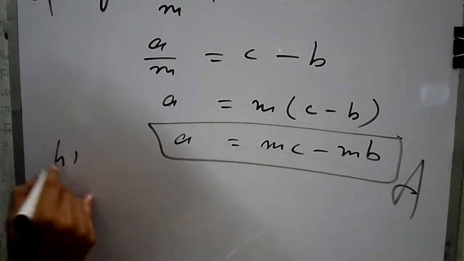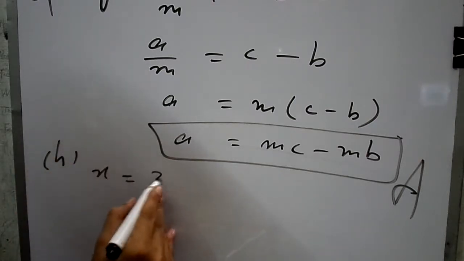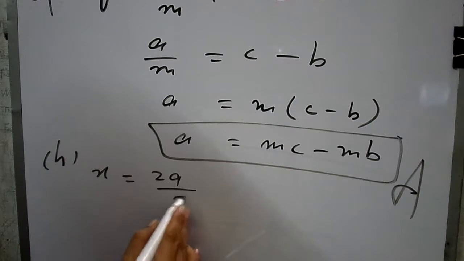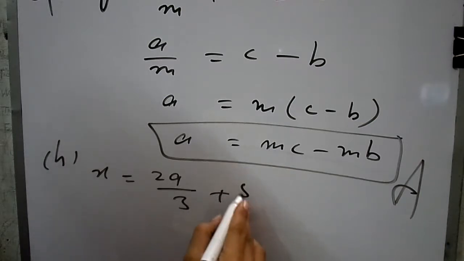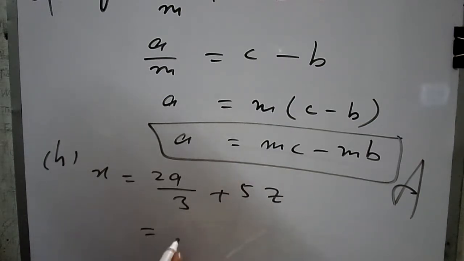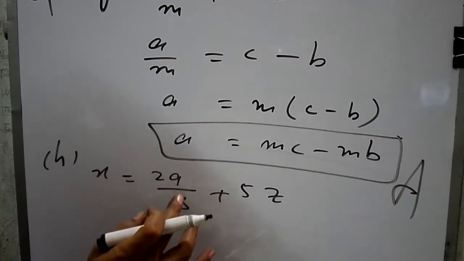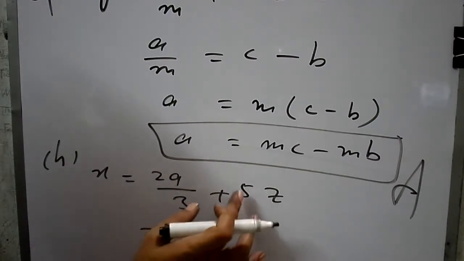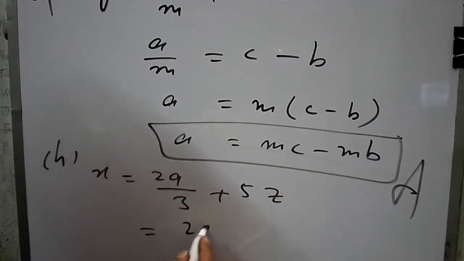Similarly, the H part, you can see X is equal to 2A by 3 plus 5Z. So you need the value of A, so try your best. That is 2A by 3, so shift here X minus 5Z.